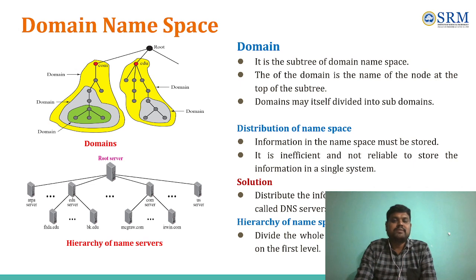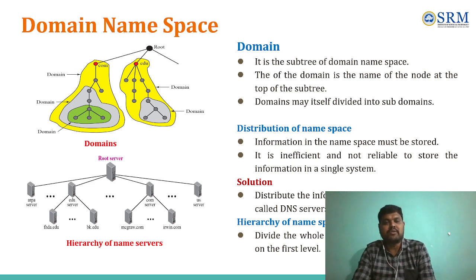So a domain is basically a subtree of the domain namespace. Domain namespace and domain are different words. A domain is the subtree of the domain namespace, so a domain can be anything like .com, .edu, .organizations. The domain is the node at the top of the subtree, and a domain itself can be divided further into subdomains.